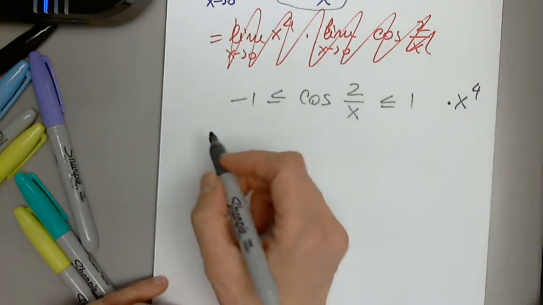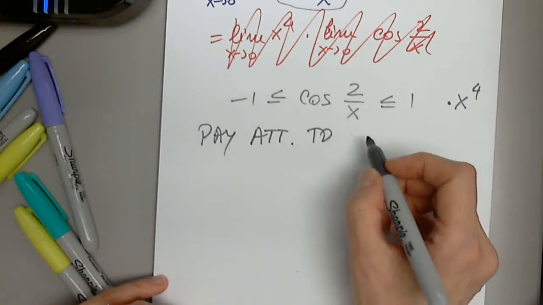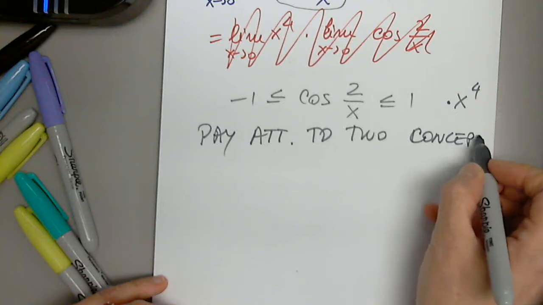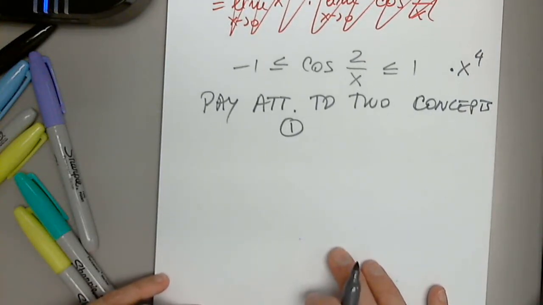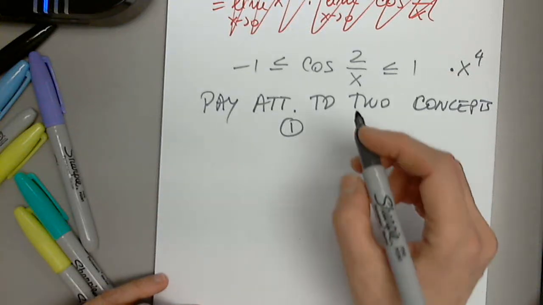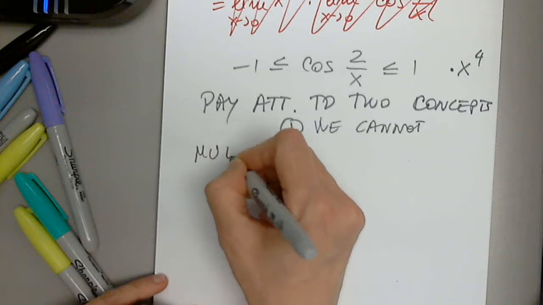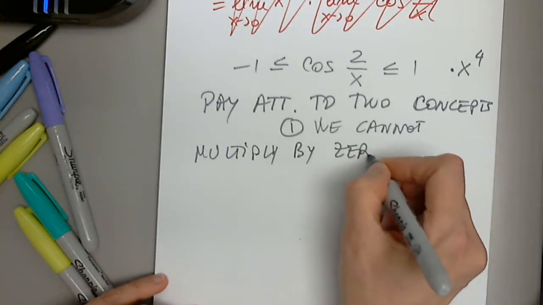However, pay attention to two concepts. Concept number one: you cannot multiply by 0.